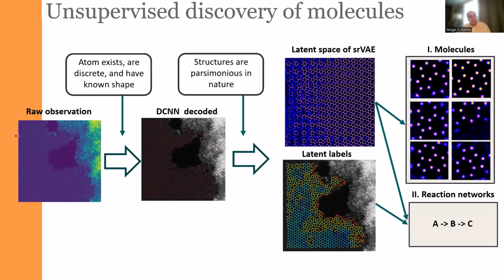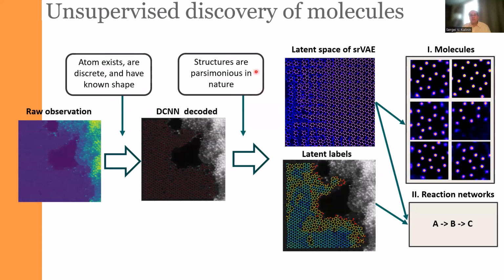So you start with the raw observation, and you transform it into the segmented data set. When we do this, we just postulate that atoms exist, are discrete, and have a known shape. That's the set of principles that the DCNN decoding uses. And then we try to analyze this data using the VAE.